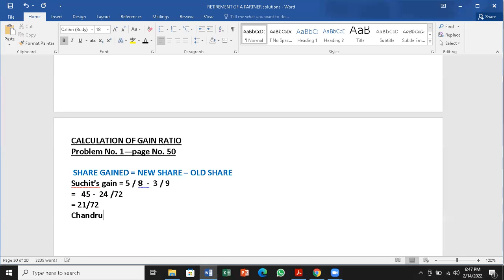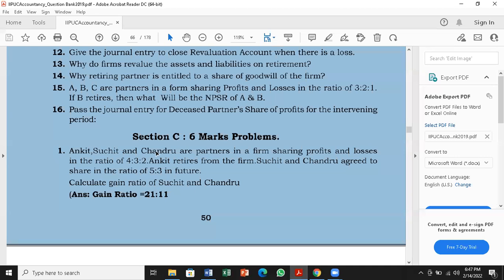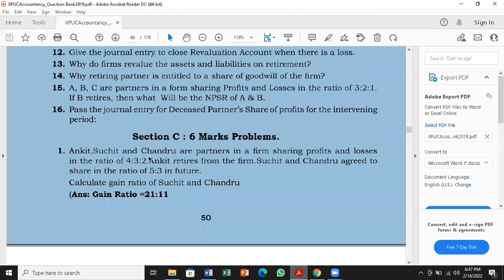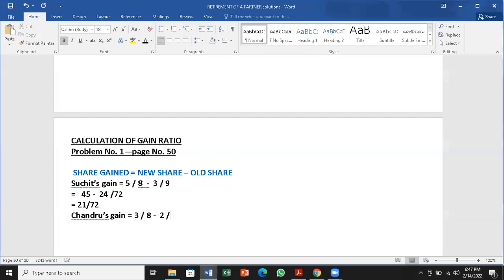Next is Chandru's gain. Chandru is the third partner. Remember, his new ratio, you have to underline new ratio or in the ratio of, okay, 3 by 8, minus his old ratio. Chandru is the third partner. So 4:3:2, that is 9. So 2 by 9, that is equal to, again, the numerator is same, 8 into 9, that is 72.